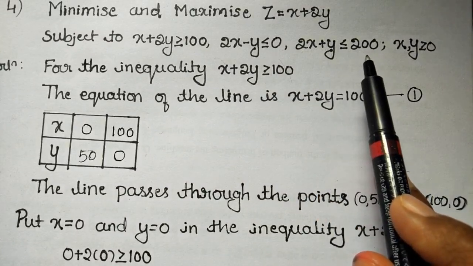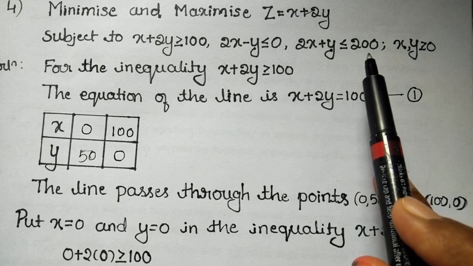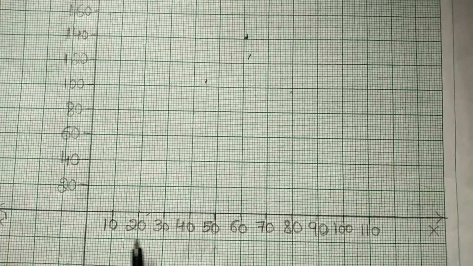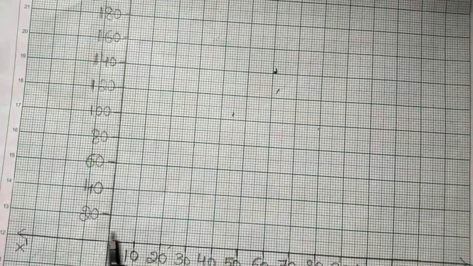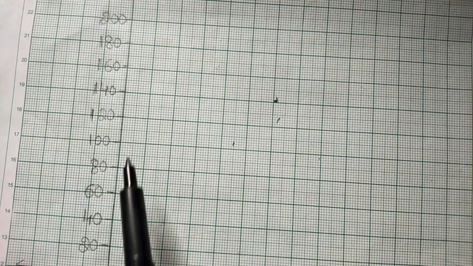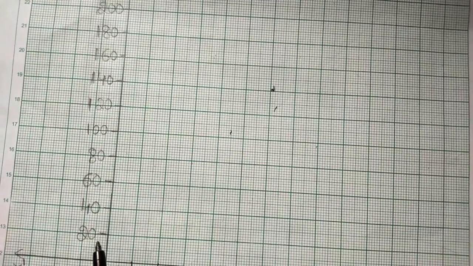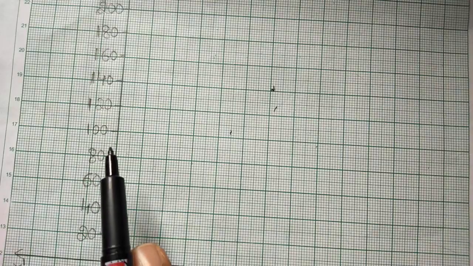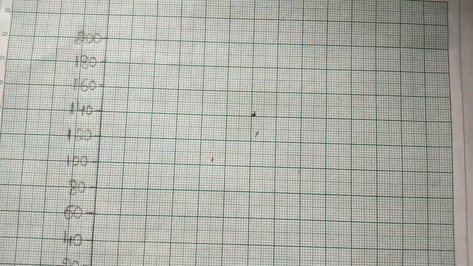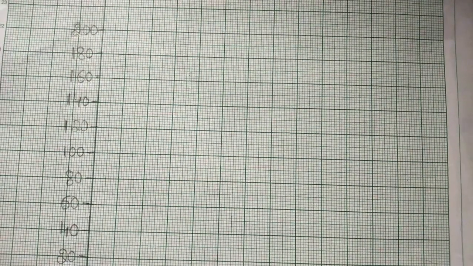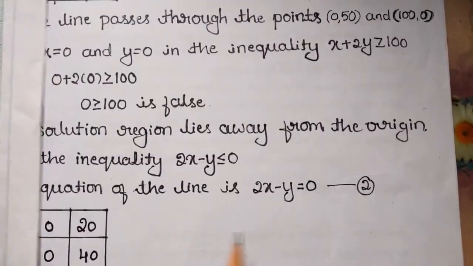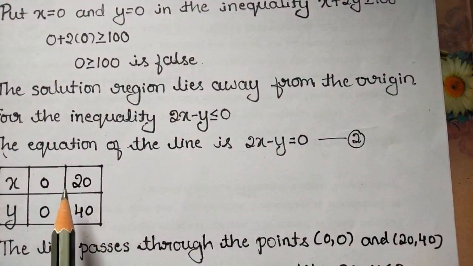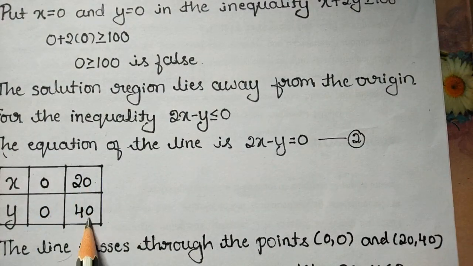So we have to mark the points up to 200 on the y-axis. So I have marked the points 10, 20, 30 up to 110 on the x-axis, and we have to mark up to 200 on the y-axis. So I have taken the points 20, 40, 60 up to 200 on the y-axis. Now we have to draw the line of the second equation. The points on the line are (0, 0) and (20, 40).